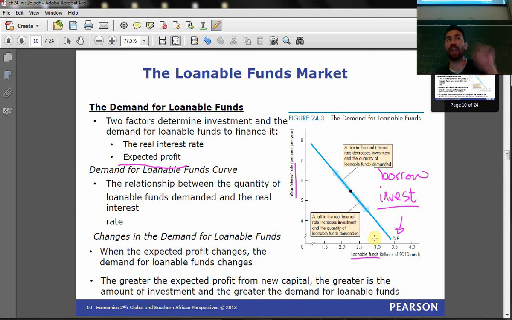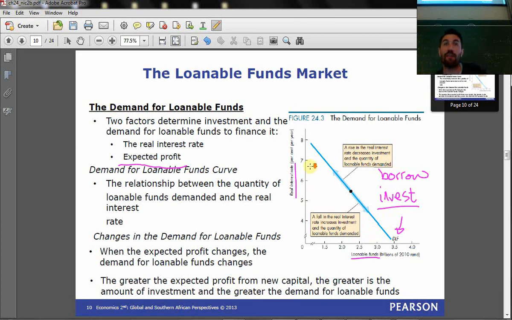But if I change my expectations, suddenly I think, hang on a minute, the economy is not doing well, my investments are probably not going to do well, I expect my profits to fall. What that means is that at any given interest rate, I'm going to be demanding less funds for investments. So exactly what's it going to do to my demand for loanable funds curve if my expectations change?